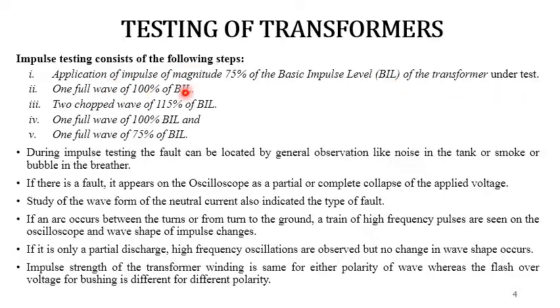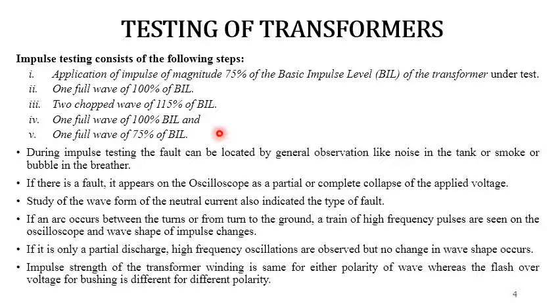Then one full wave of 100% of BIL, basic impulse level. Then two chopped waves of 115 percent of BIL, one full wave of 100% BIL, and one full wave of 75 percent of the BIL.